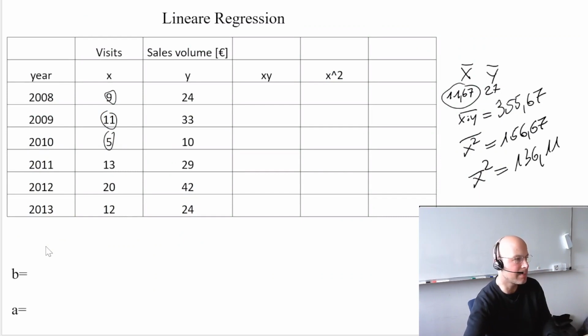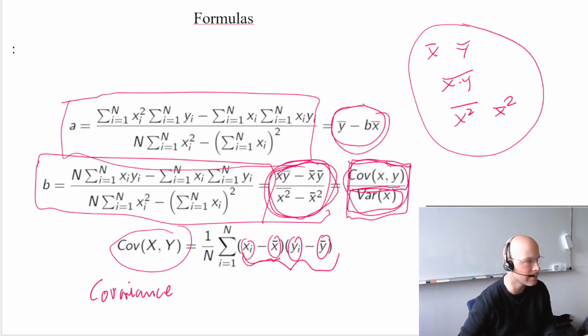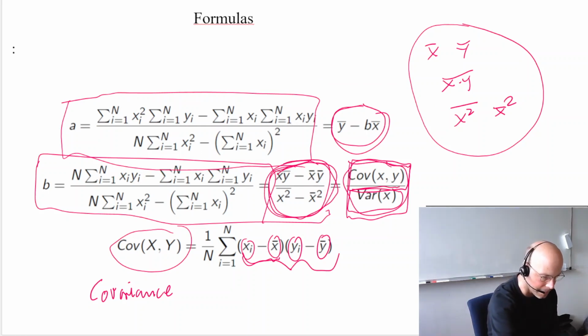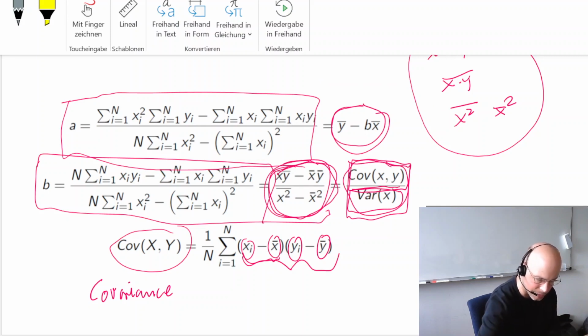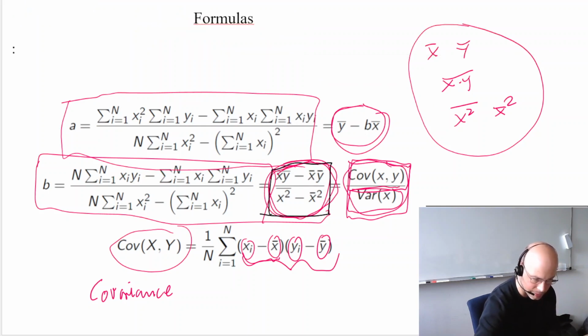So with these numbers, we go into our formula. This is our formula for our parameter b.